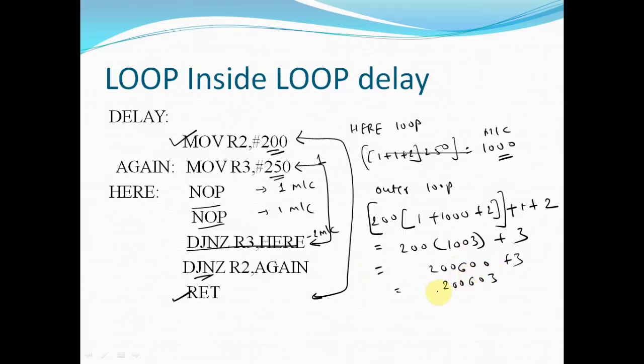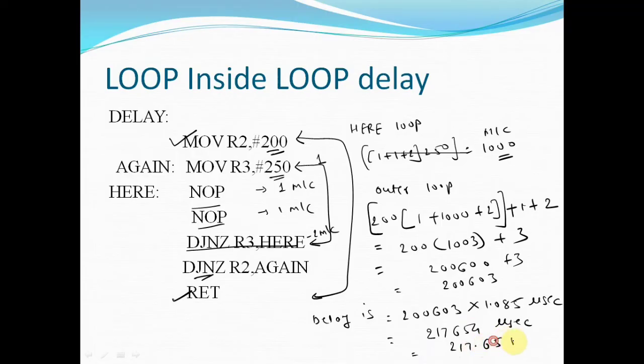Therefore the delay is 200603 multiplied by 1.085 microseconds, which comes out to be 217654 microseconds, that is 217.65 milliseconds. So if you want to generate larger delays, you have to go for nested loops.